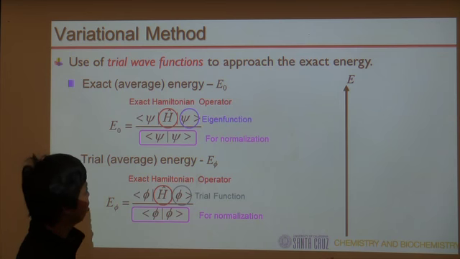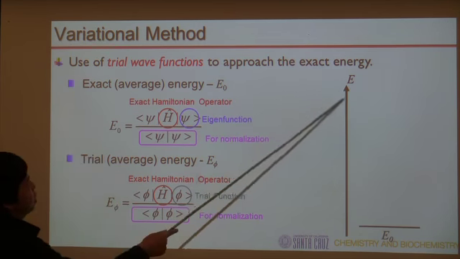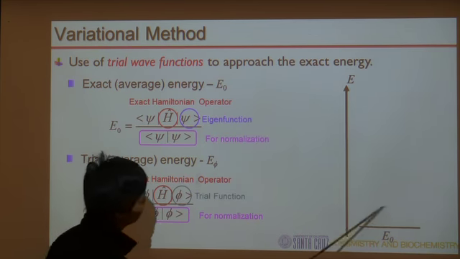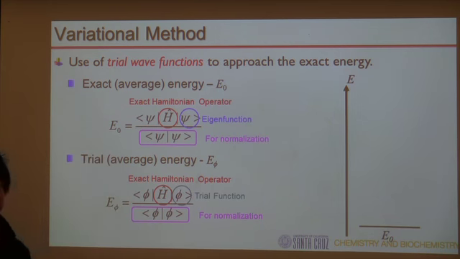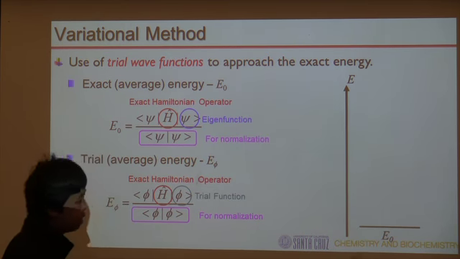Here it just shows you the general picture. Let's say we have an energy level, and we experimentally determine that the exact energy for that level is E0. That's here.